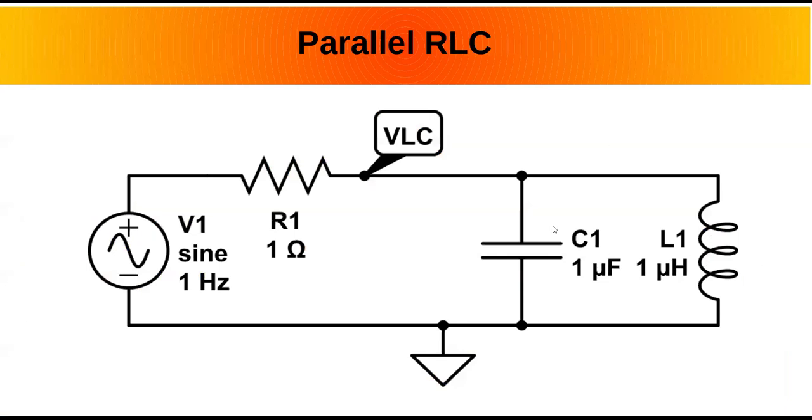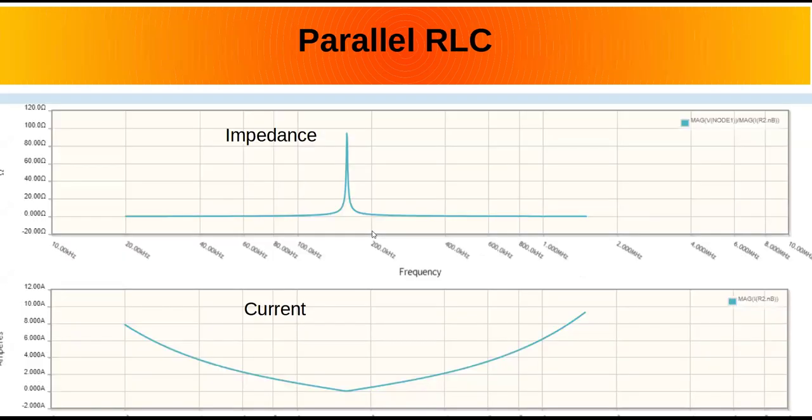So we take our typical circuit with a 1 microfarad capacitor, a 1 microhenry inductor, and a 1 ohm resistor. I didn't label what the voltage was, but it doesn't matter. You're going to see an impedance plot where it's going to be basically 0.